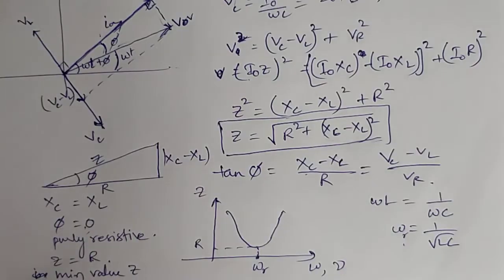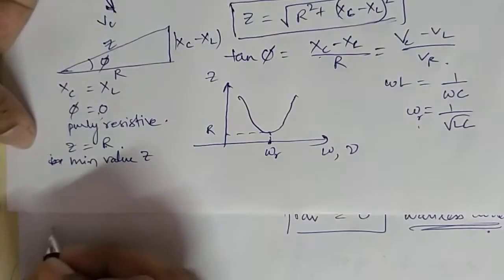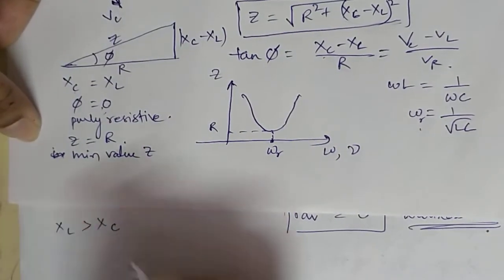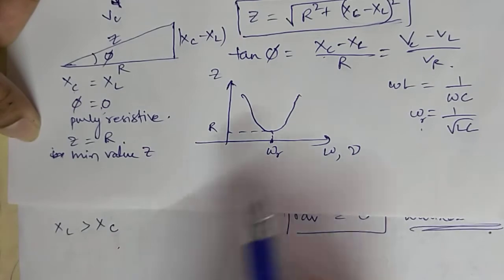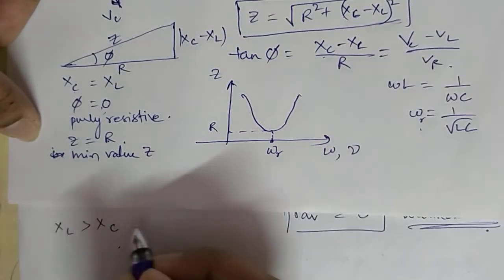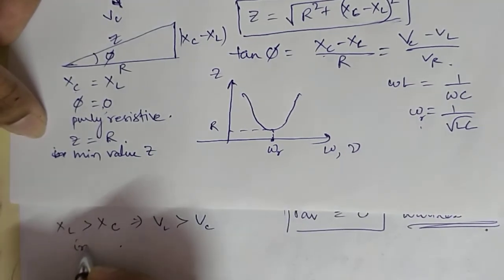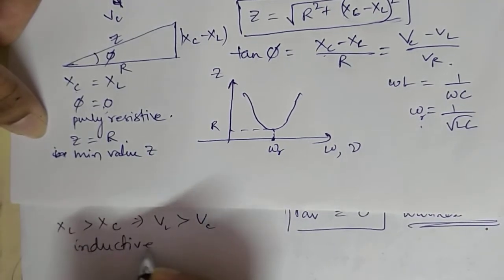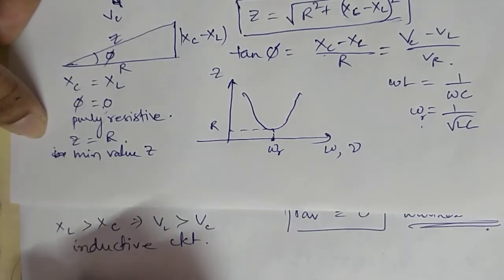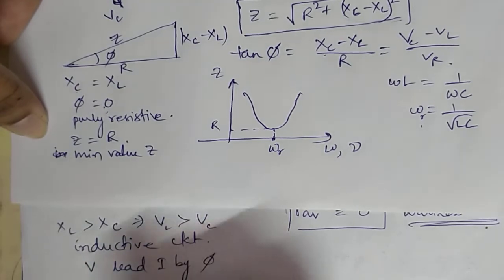Okay. Now, if suppose XL is greater than XC, that means VL is greater than VC, then it is an inductive circuit. Inductive circuit means voltage will lead current by this angle, phase difference phi.